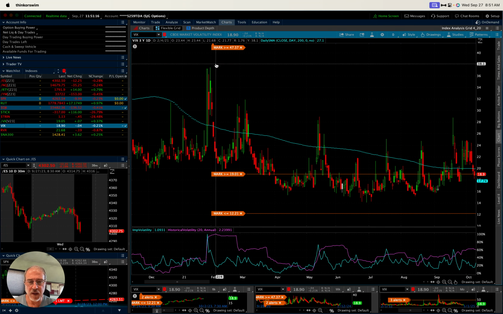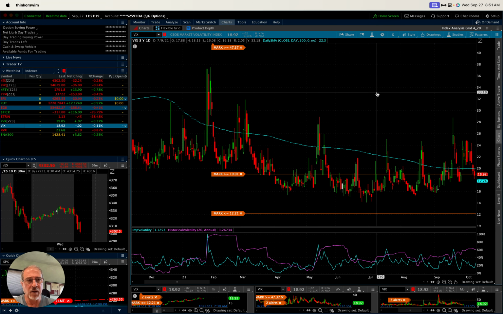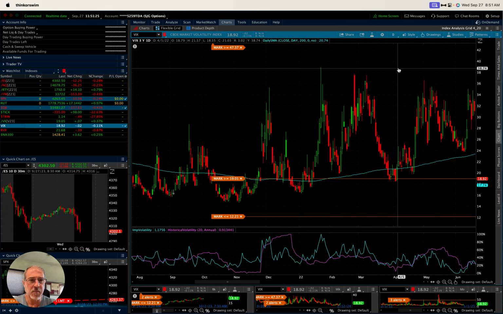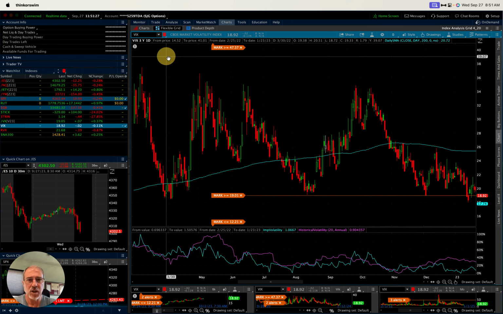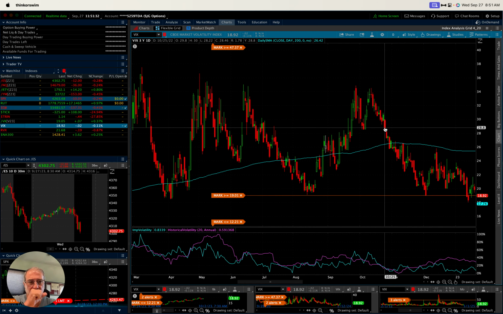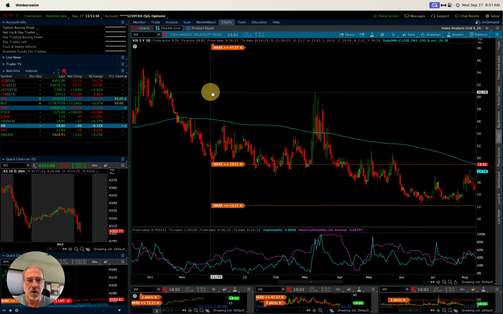So probably in this general area here is when volatility really spiked up into that 38, 40 range. Here, we had another spike up into that 38, 40 range. And as we were going through COVID, there were huge run-ups and drop-offs.